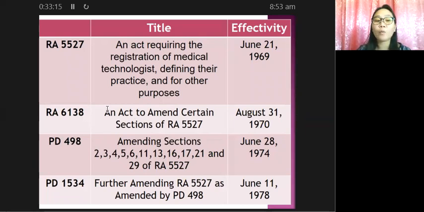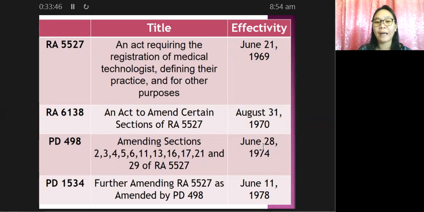In particular, what were the sections amended? Later we will talk about that. After that, we have Presidential Decree 498, which amended a lot of sections in RA 5527. In particular, it amended 11 sections: 2, 3, 4, 5, 6, 11, 13, 16, 17, 21, and 29.